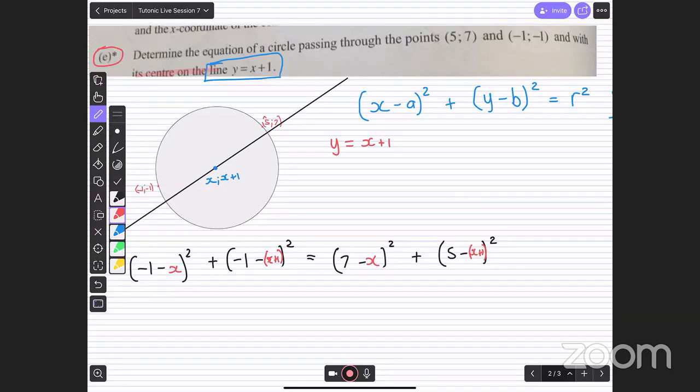So what's minus 1 minus x? Okay, let's leave it like that. Minus 1 minus x squared. What about minus 1 minus x minus 1? What does that give me? Minus 2 minus x.